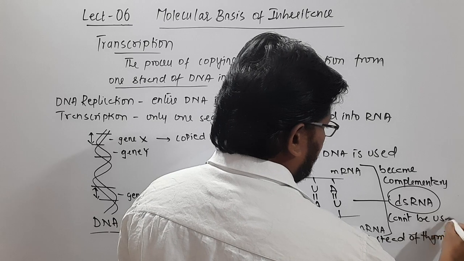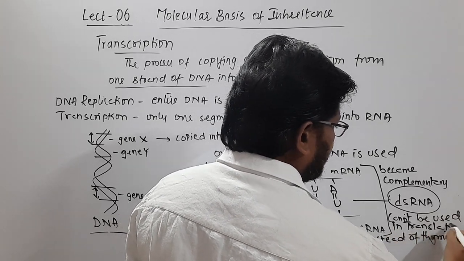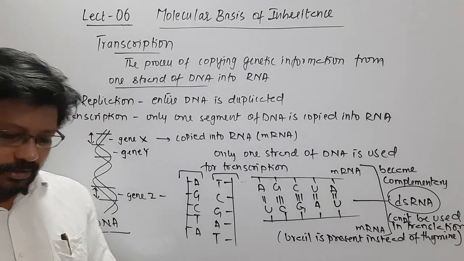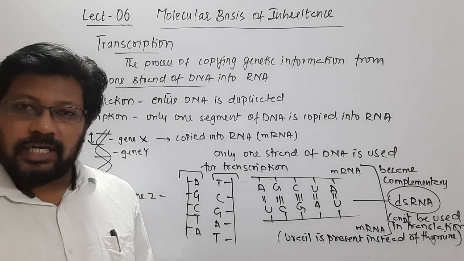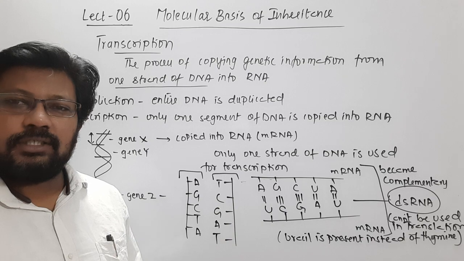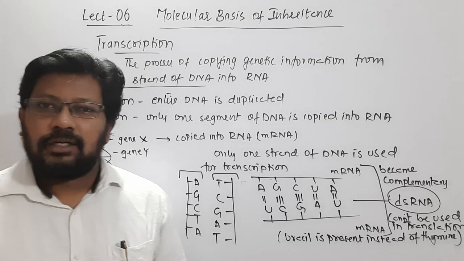So such double-stranded RNAs cannot be used in translation. For translation to take place, it is compulsory that the mRNA molecule should be present in single-stranded form. It should not be present in double-stranded form.